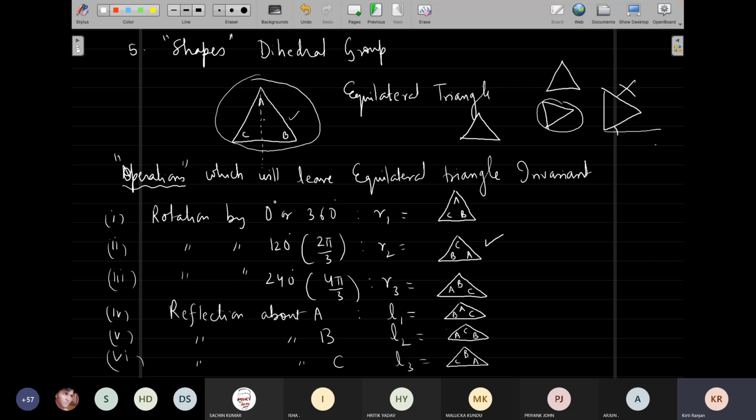So if you look into it, these are 6 operations together: R1, R2, R3, and of course L1, L2, L3. These are 6 operations, out of which 3 are rotations and 3 are reflections. Will this form a group?